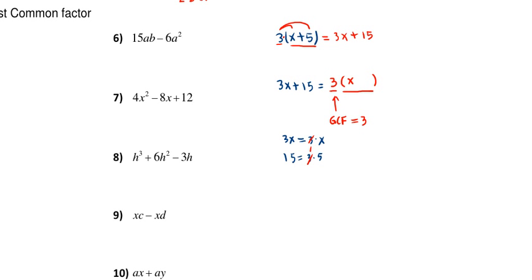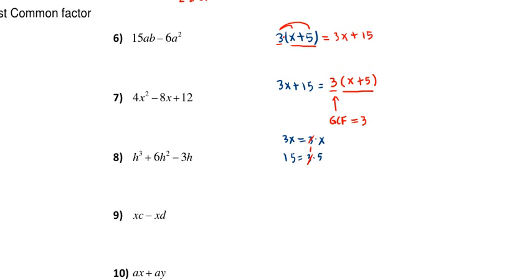So that will be plus 5. As I said, we're starting with the answer, and I'm looking for these two terms. So if you multiply this, you should get this back. 3 times x is 3x, 3 times 5 is 15.